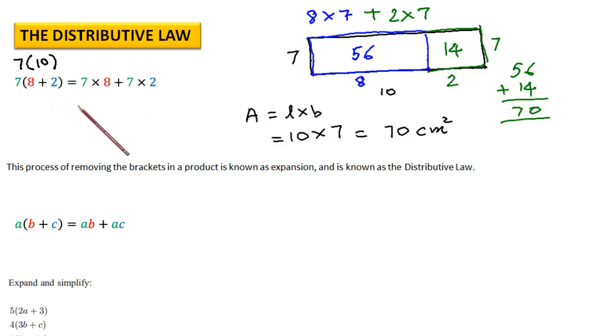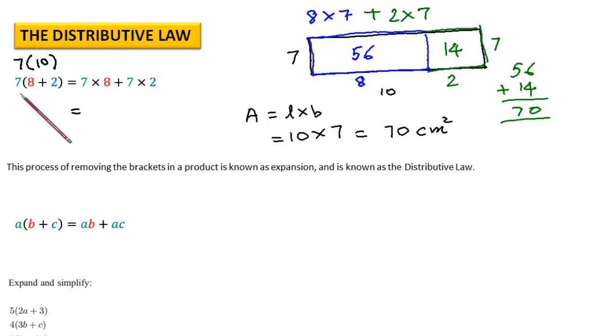The blue rectangle had an area of 56, which was 7 eighths. So we simply multiplied 7 and 8, and then we added 7 multiplied by 2. This process of removing the brackets in a product is known as expansion and is also known as the distributive law.